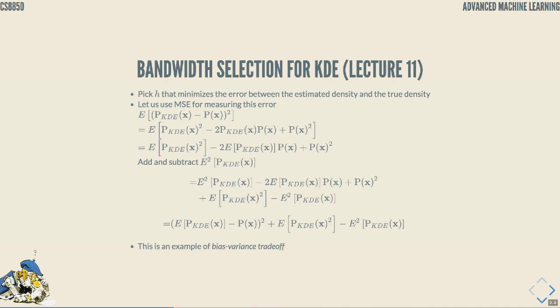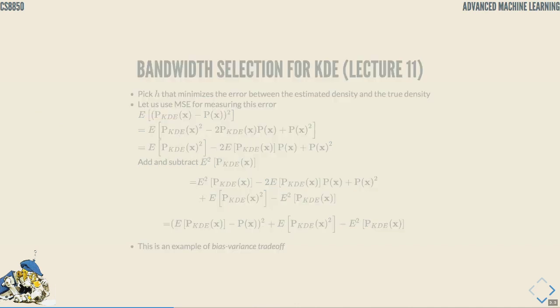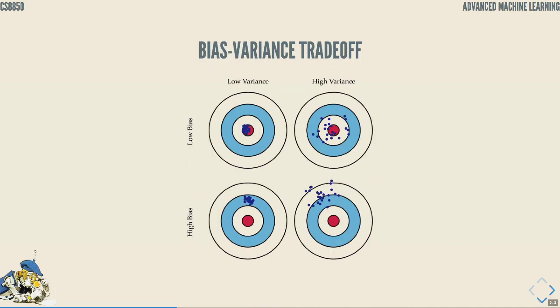And this is variance. Let's see on the next slide what is bias and what is variance. This is just an illustration of how we can think about it. In this target, we see that we have low bias. That means we're not right on target, but we're pretty close to it.